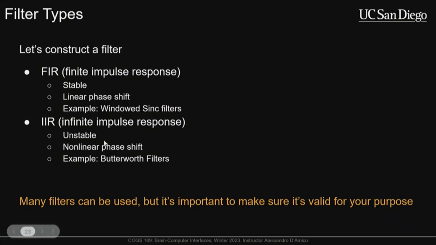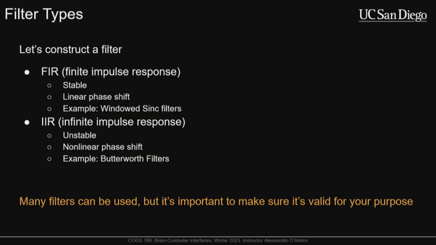IIR filters can be designed to be stable, so you have to just check their parameters. A lot of the times people use Butterworth filters in EEG processing still. Typically second or fourth order Butterworth filters, they're not uncommon, but it's very important to check their use case with your data, because even if they're stable in one person's use case, it does not necessarily mean they'll be stable in yours. This is very dependent on the parameters that you're using.